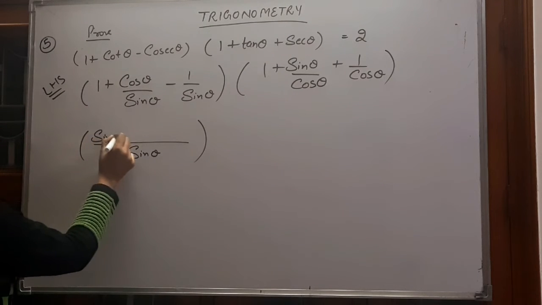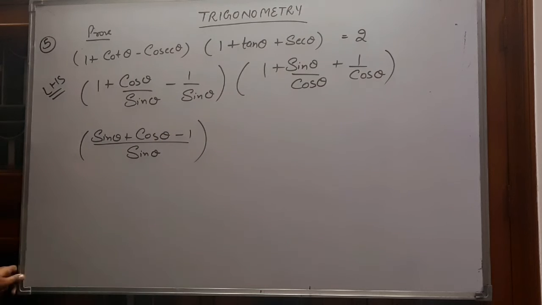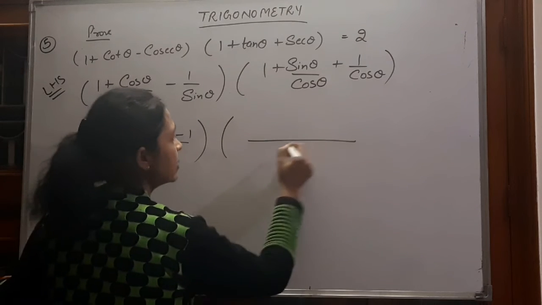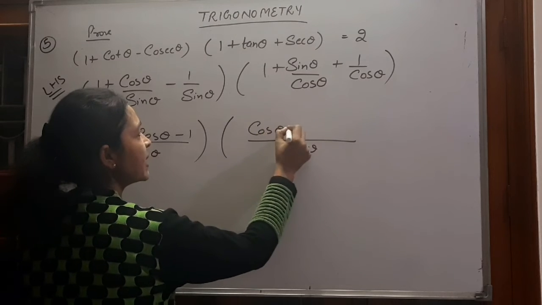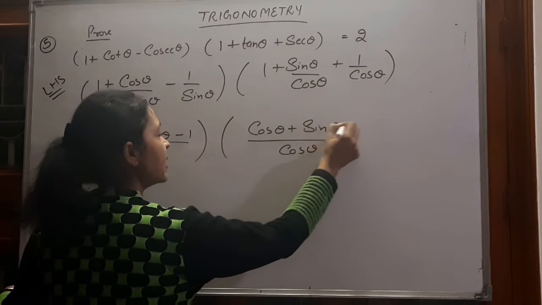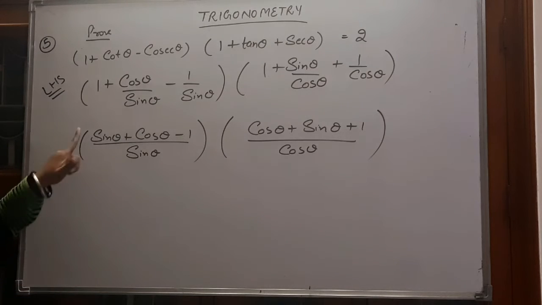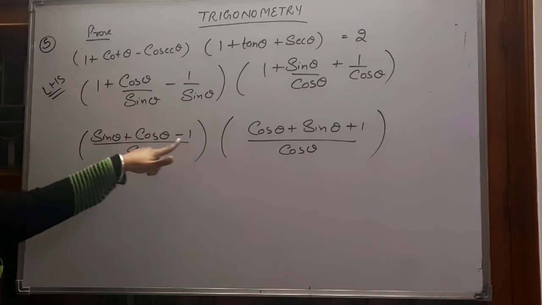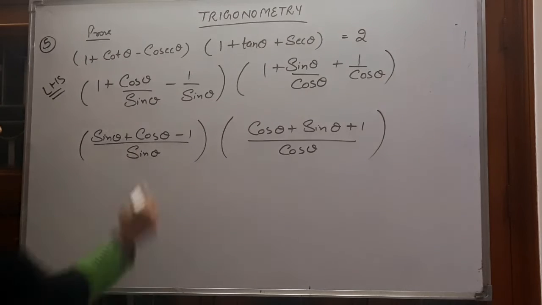We have sin theta plus cos theta minus 1. And in the next bracket, LCM is cos theta. We have cos theta plus sin theta plus 1. Now, in numerator we have sin theta plus cos theta minus 1, cos theta plus sin theta plus 1.